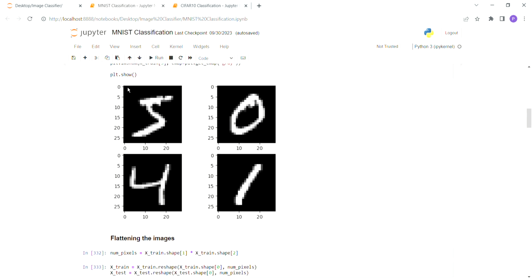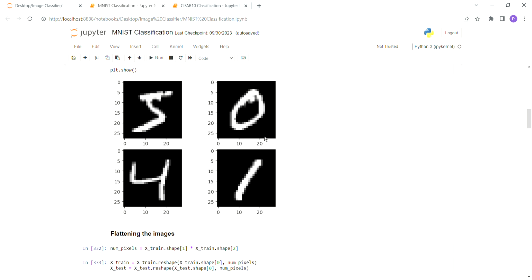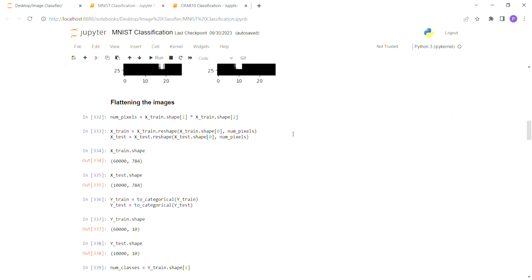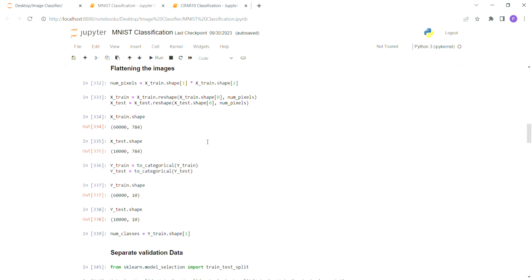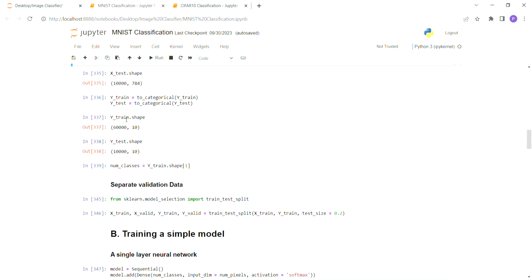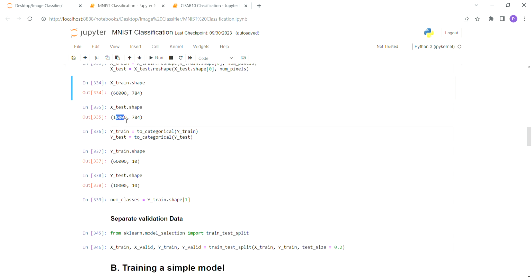This is a 28 cross 28 pixel image. We will be reshaping it into 784, that is a 28 into 28 dimensional vector. So each image would now be represented by a 784 dimensional vector, and there are 60,000 such images in the training data and 10,000 in the test data.